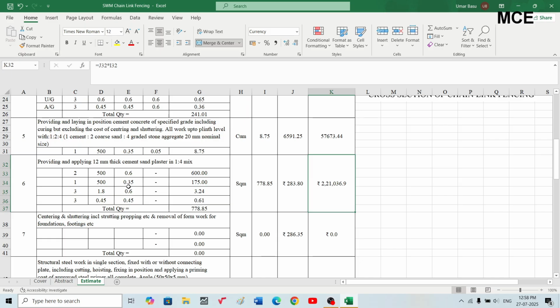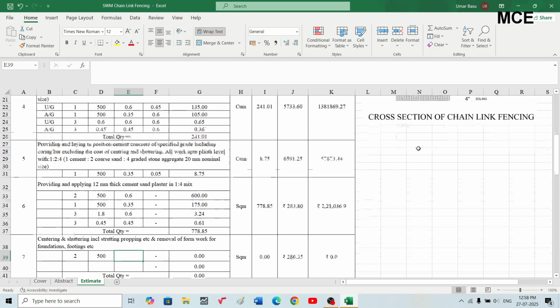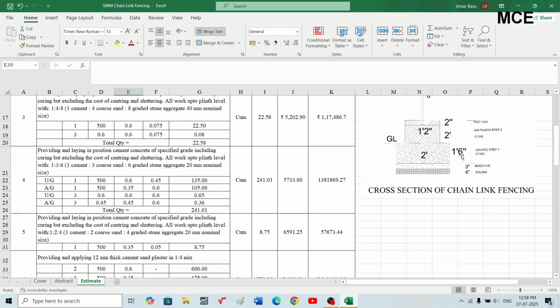After that we have to also provide the centering and shuttering for this underground and above ground concrete. Since centering and shuttering will be on two sides, so 2 into 500 length and the total depth of concrete. So total depth of concrete is 1.5 feet, which is for the underground, and 2 feet, which is for the above ground, plus this 2 inches.